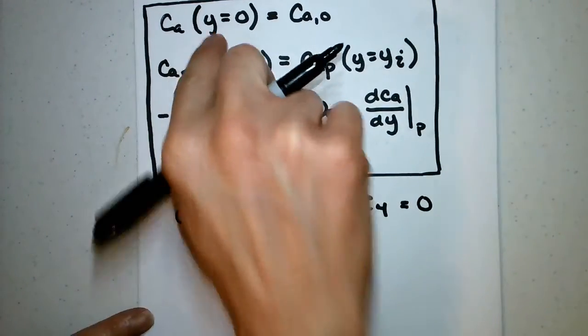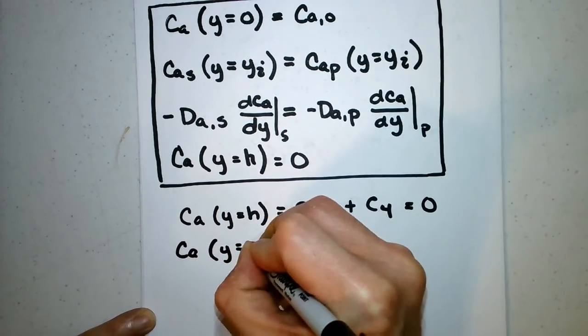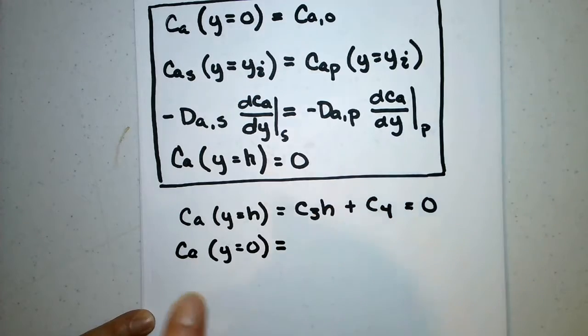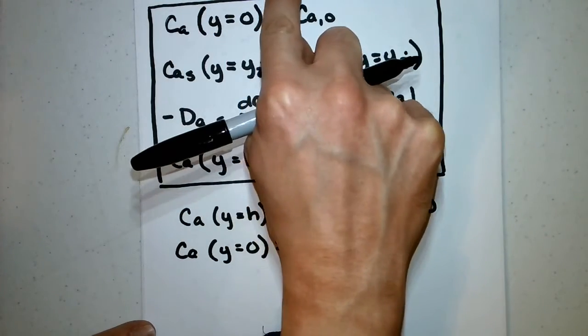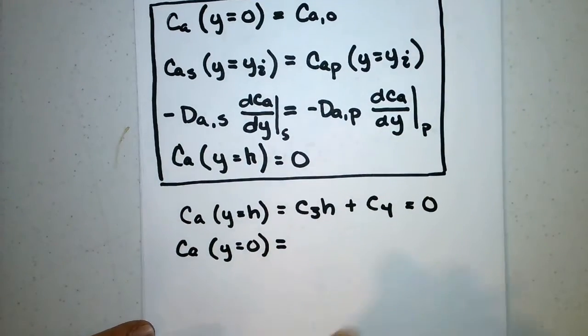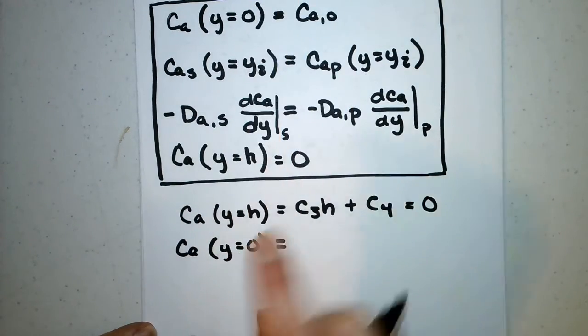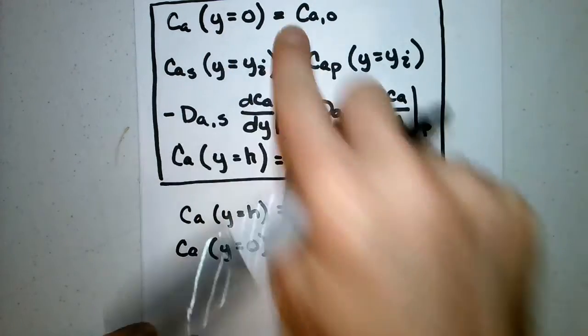All right, I'm going to try this one too. CA of y equals 0 equals, so at y equals 0, I'm in the Pyrex. C1 times 0, so 0, plus C2. This equals CA naught.